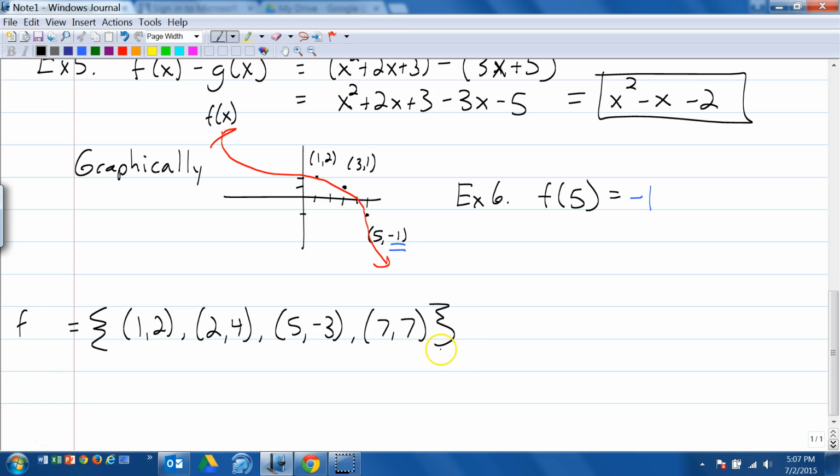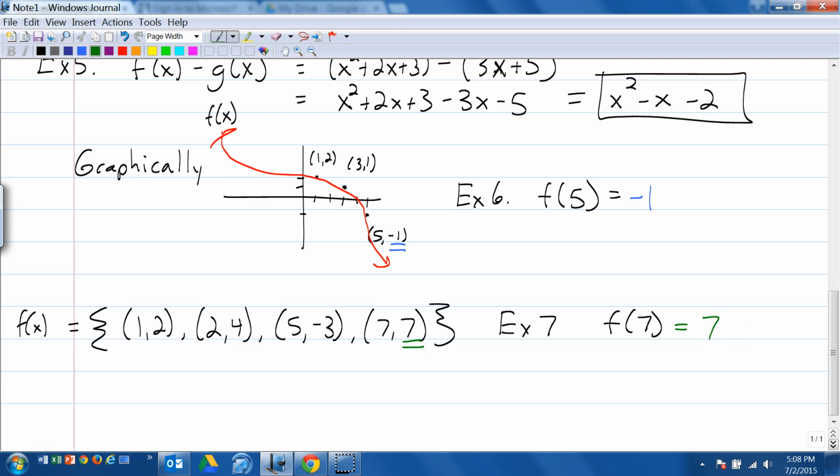Or these are points on the function of f of x, if you want to call it like that. So, even though they're just points, you might see something where you're given a list, and then again, you might be asked to evaluate what is the value of the function that's given here at 7. And again, you look at all your inputs and go, well, when x is 7, the y value is also 7. And that's all you have to do.